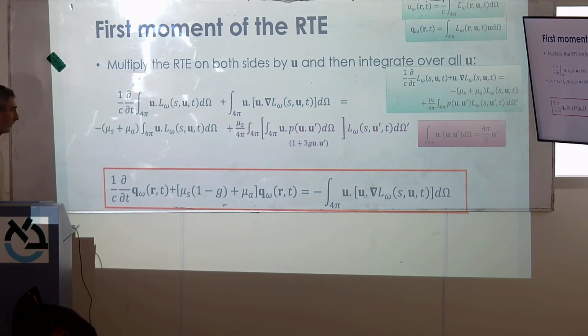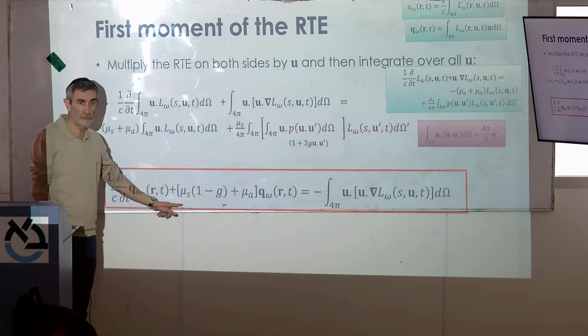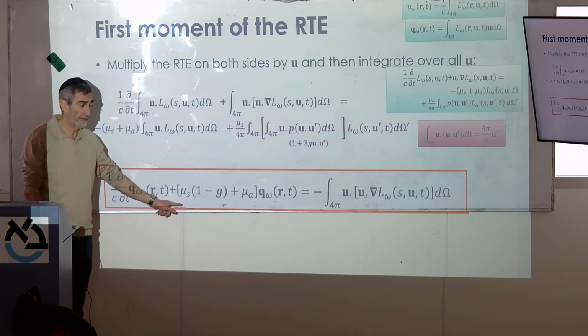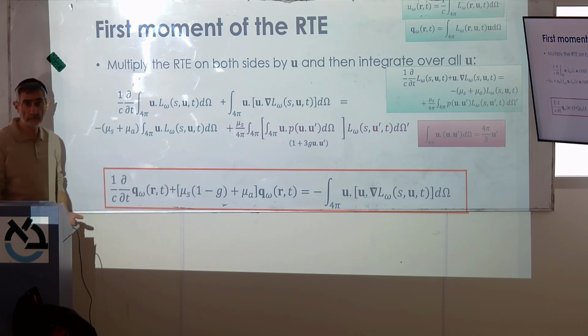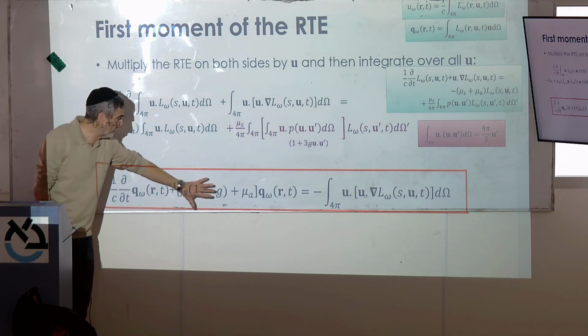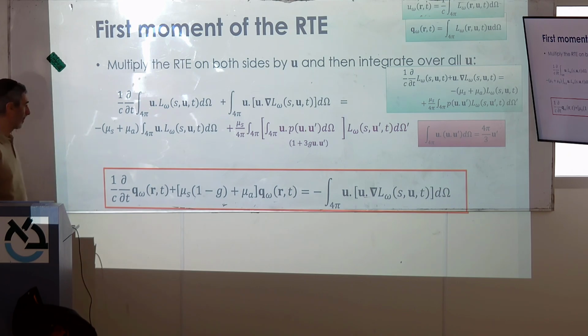You remember we said last time that 1 over mu s (1 minus g) is exactly the transport mean free path. That's the transport coefficient, the relevant quantity when you consider multiple scattering.